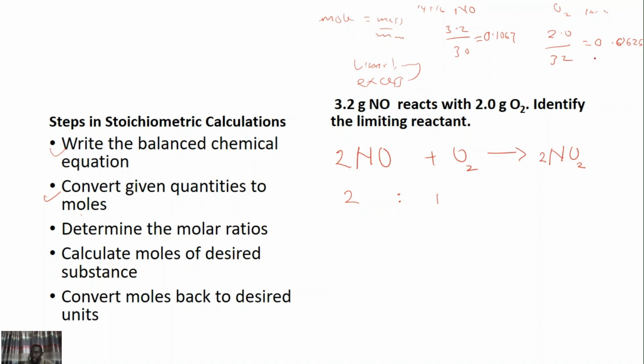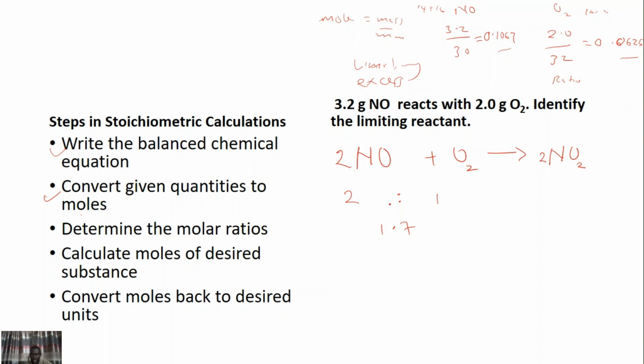The ratio here is this divided by this, 0.1067 divided by 0.0625 is equals to 1.7, okay, which is less than this.